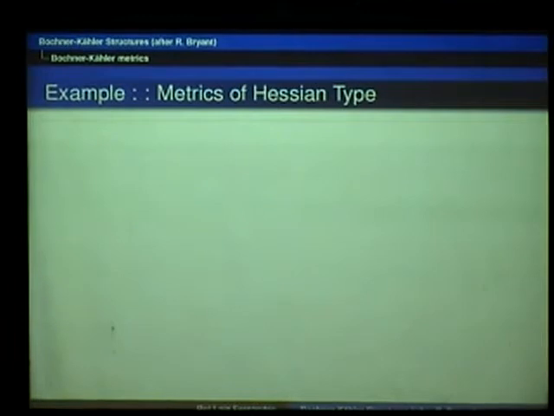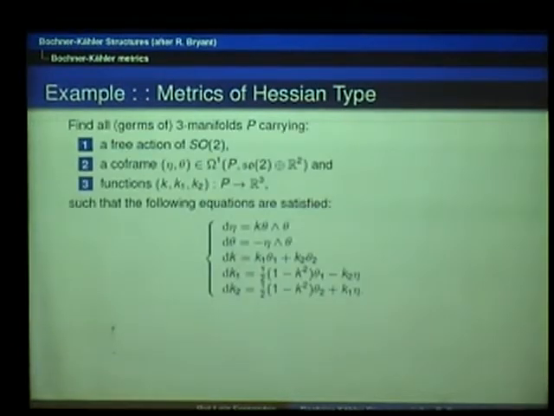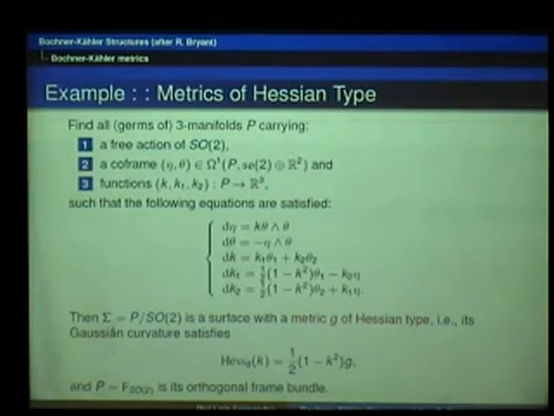So now I ask for the following. I want to find all three-manifolds P with a free action of SO2, a coframe, and some functions for which these structure equations are satisfied. And it turns out that if you do that, then this P will be the orthogonal frame bundle of a surface with a metric g that satisfies this equation.